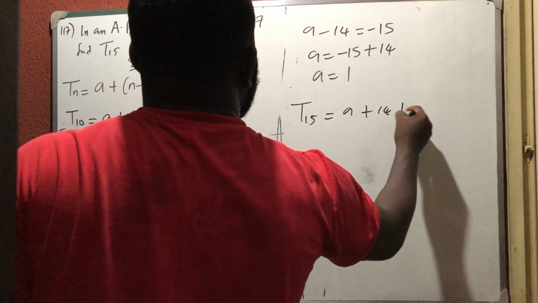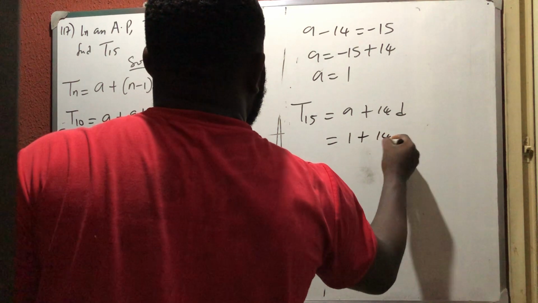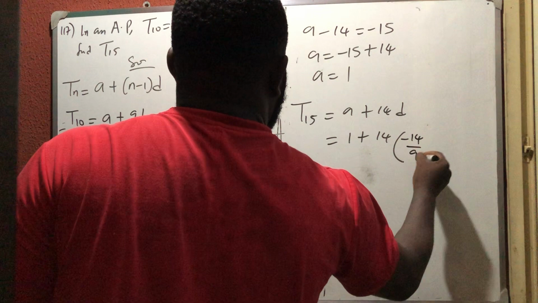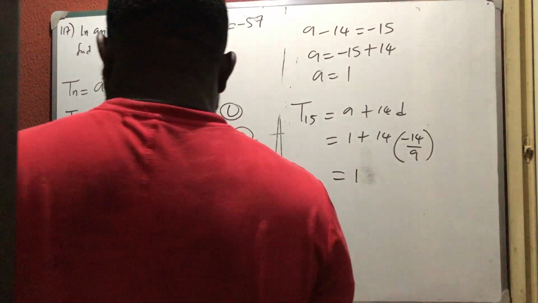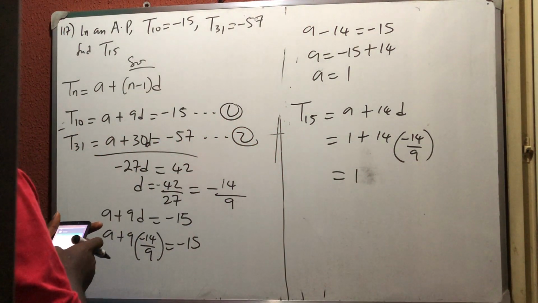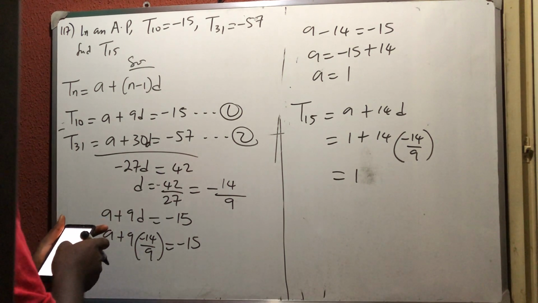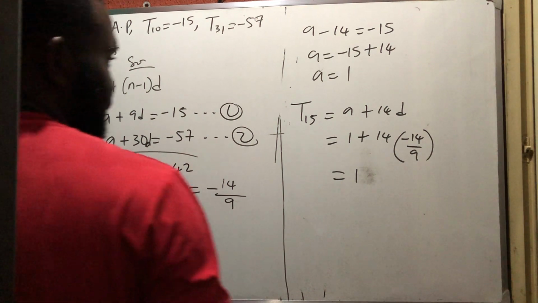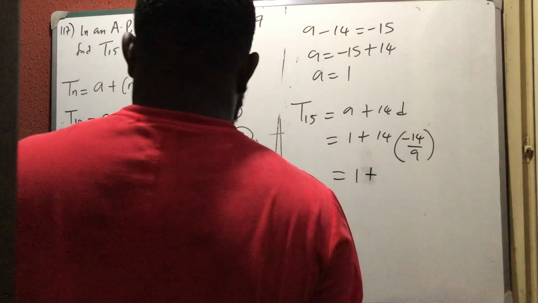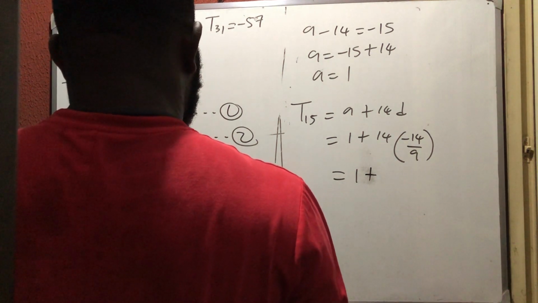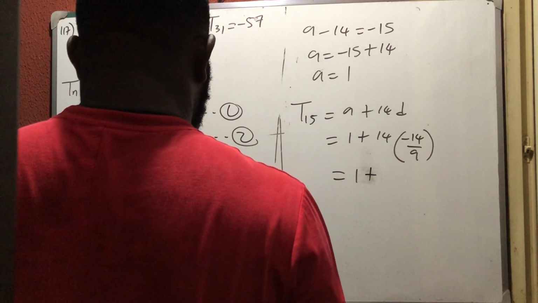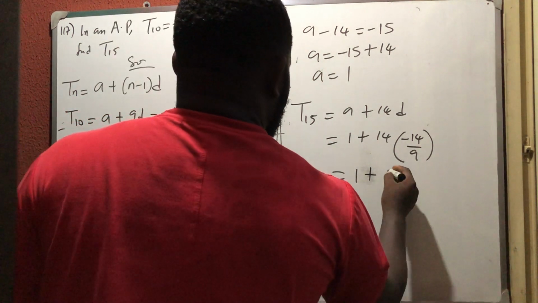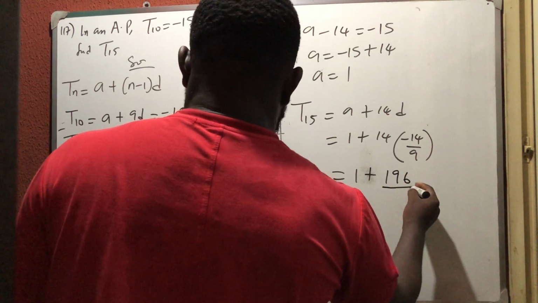So if my a is equal to 1, T15 they say I should find is what? a plus 14d. So which is what? 1 plus 14 in bracket of my d, which is minus 14 over 9. So I'm having 1 plus 14 times 14 over 9, which is 196 over 9.